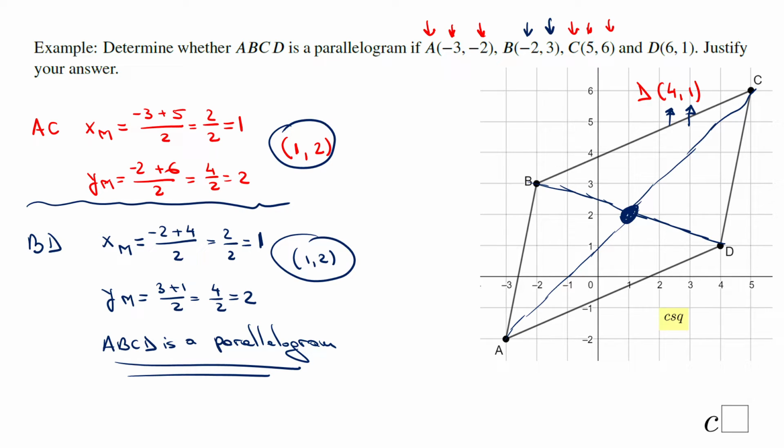If they are not the same, then it's not a parallelogram. And again, I want to remind you one more time, the point D is this one, not this one. Okay, mistake there. So this is a way to prove the quadrilateral is a parallelogram, looking at the property that the diagonals bisect each other, so they have the same midpoint.